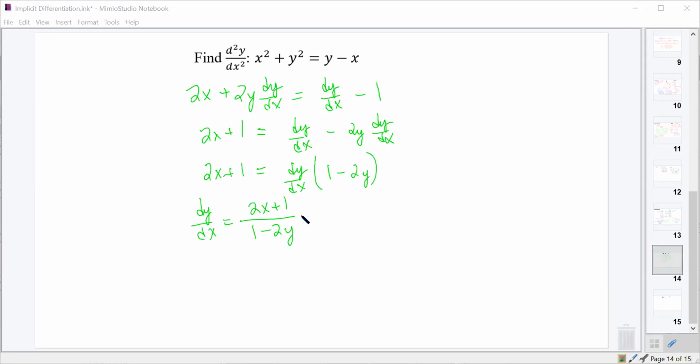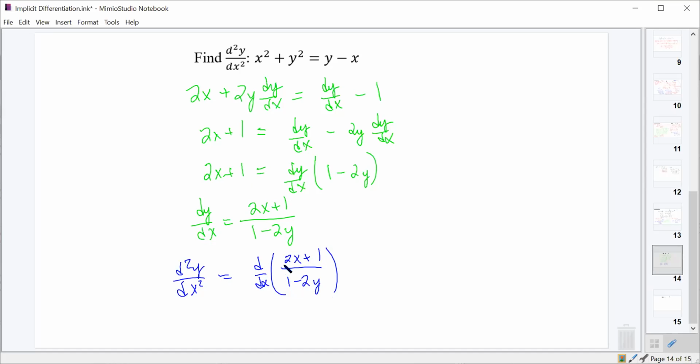Okay. Now, to find our second derivative, all we have to do is take the derivative of this. The second derivative ought to be the derivative with respect to x of 2x plus 1 over 1 minus 2y. How do I find the derivative of that fraction?